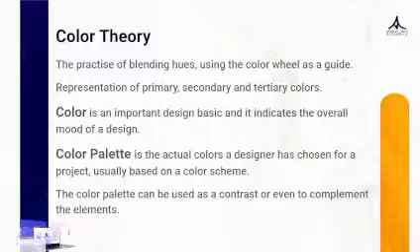We know the primary colors are red, blue, yellow. We also have secondary colors, which are formed from the primary colors: mixing red and yellow together will give us something, blue and red together will give us another thing, and that forms the secondary colors. Combining primary and secondary colors gives us tertiary colors.